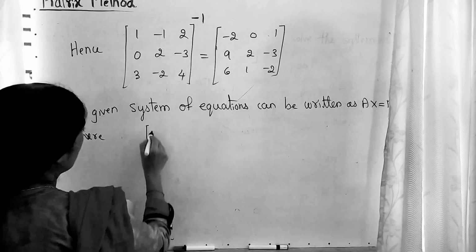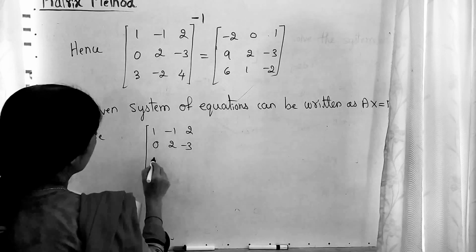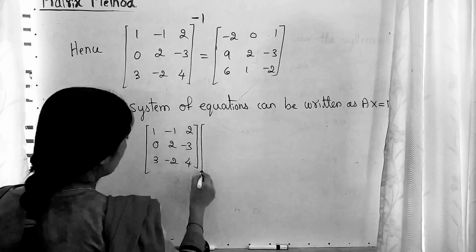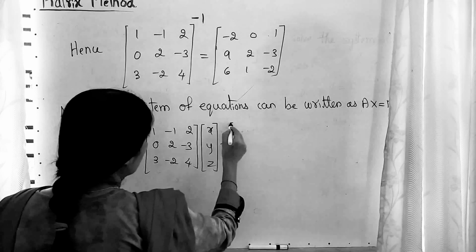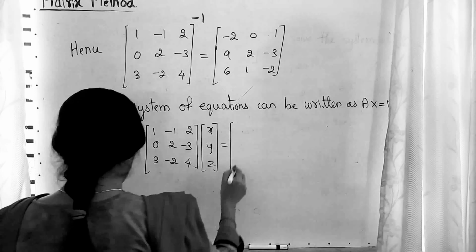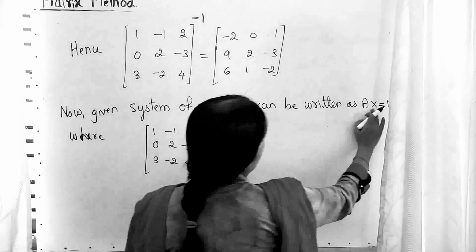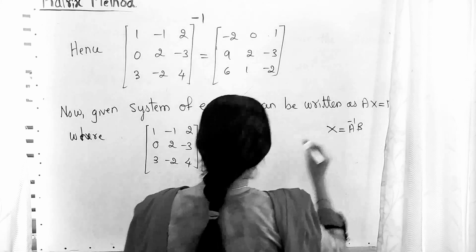A is what? 1 minus 1, 2, 0, 2 minus 3, 3 minus 2, 4. X is x, y, z. B is the constants. The constants are 1, 1, 2. See, it is in the form of Ax is equal to B. Then what is X? X is equal to A inverse into B.